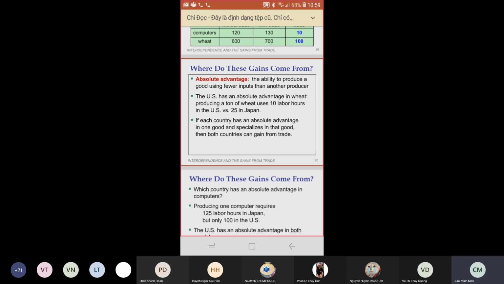That's the argument of the theory of absolute advantage.